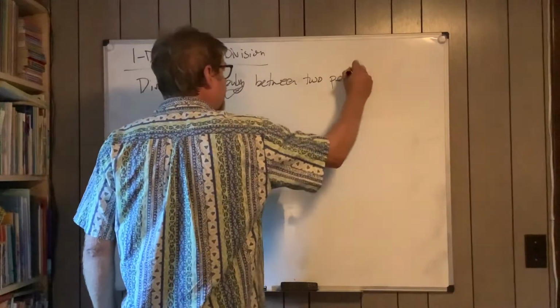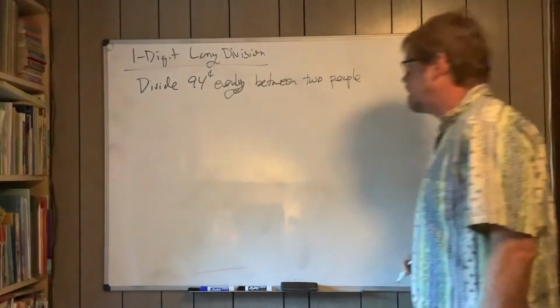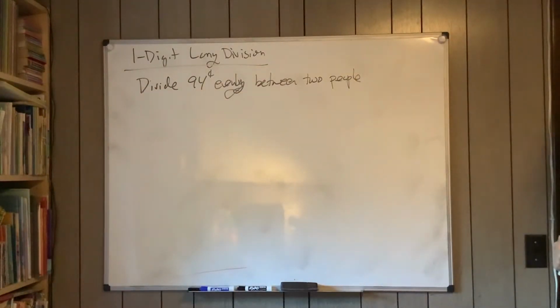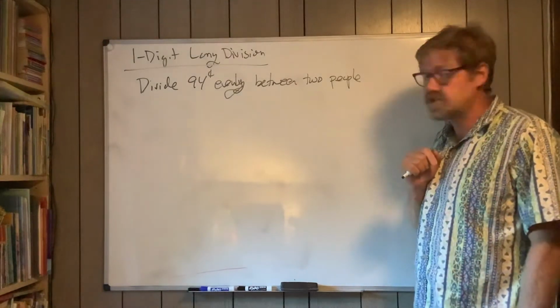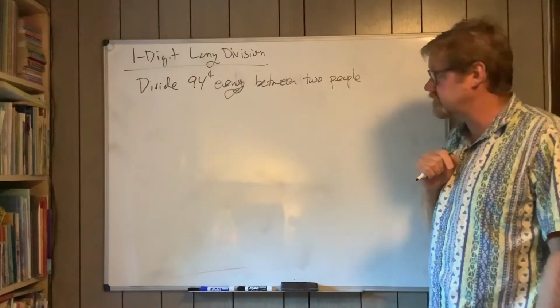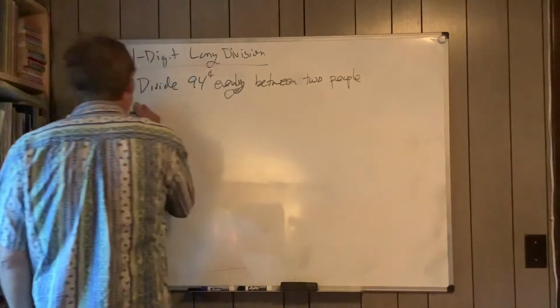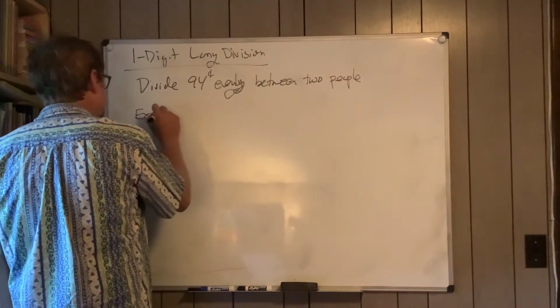Let's divide 94 cents evenly between two people. Not a difficult problem, but I'm going to use a chip model to actually do this. So let's examine a chip model.